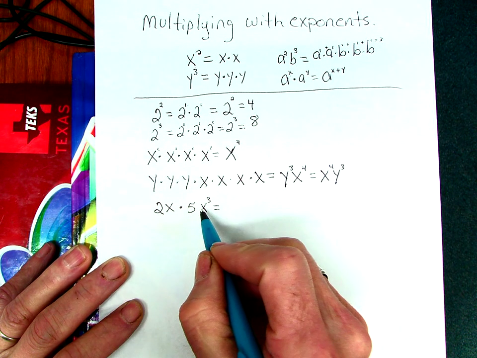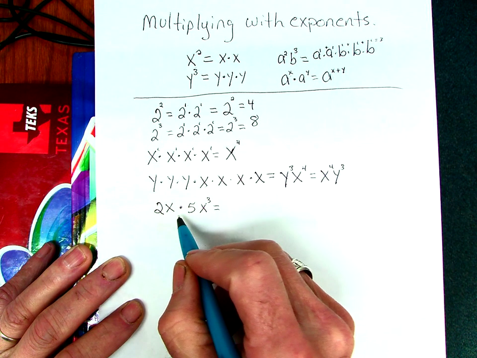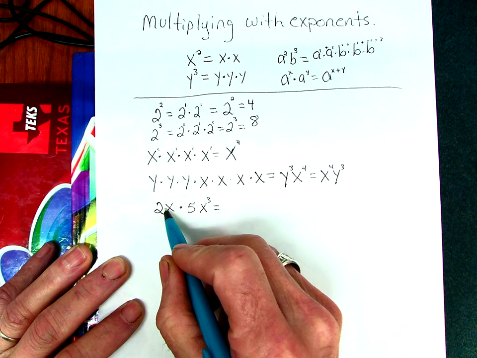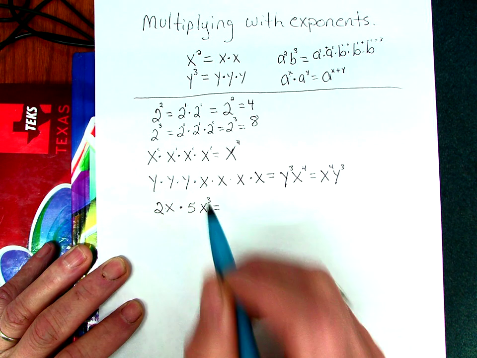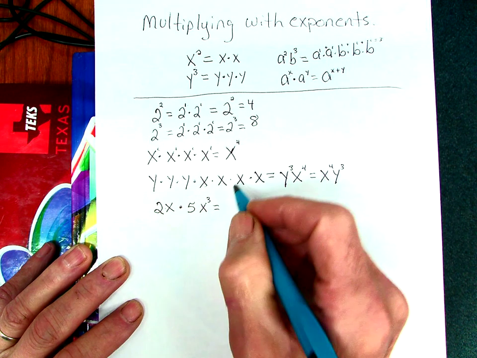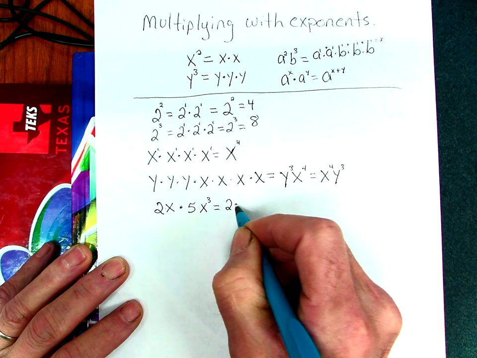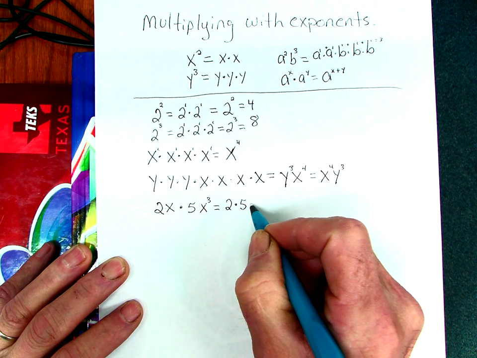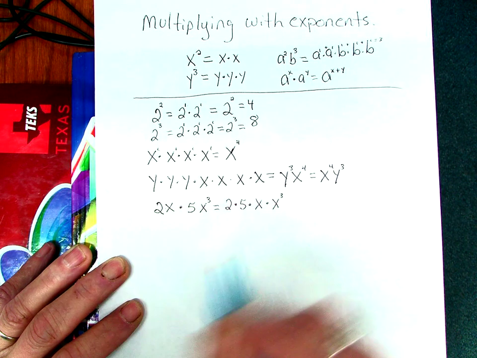Everything is being multiplied, so we can change the order without changing the value of this expression. Remember, this means multiply, and this also means multiply. So everything's being multiplied together. So I'm going to rewrite this as 2 times 5 times x to the third.